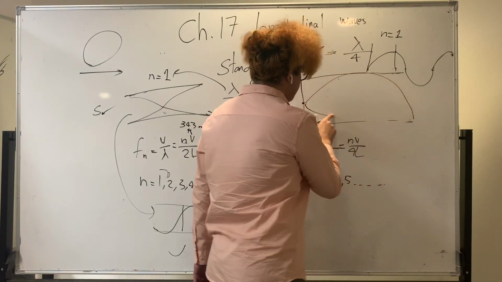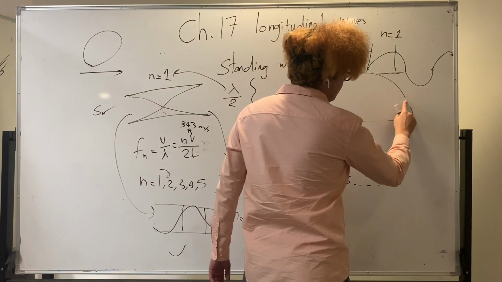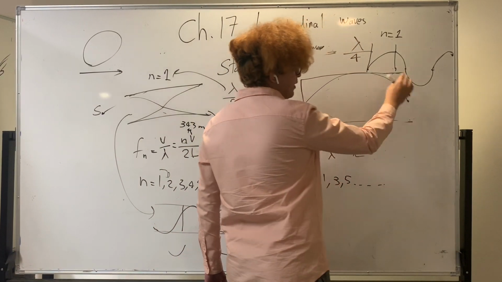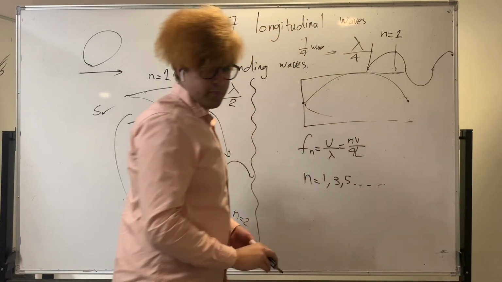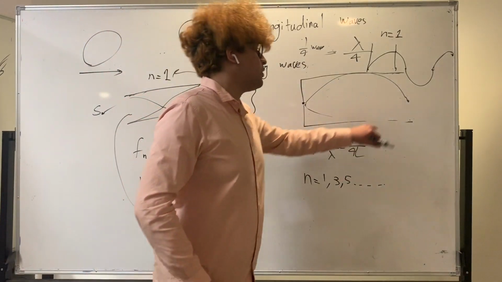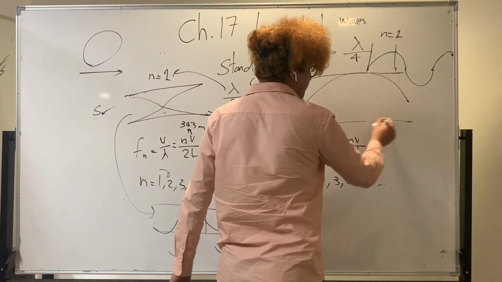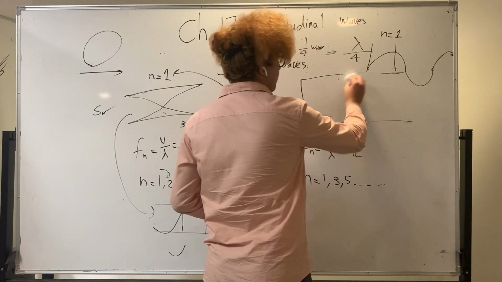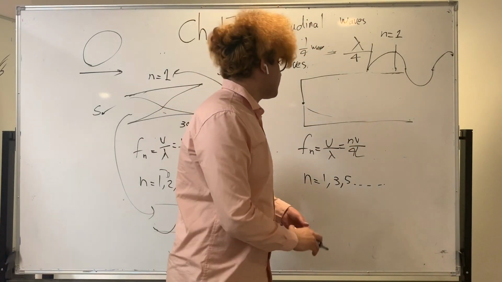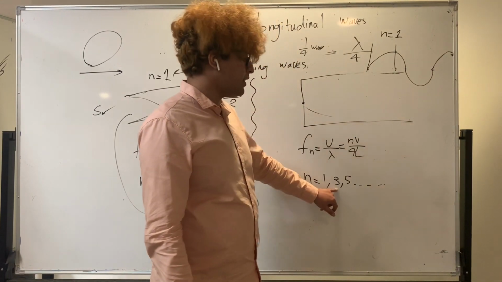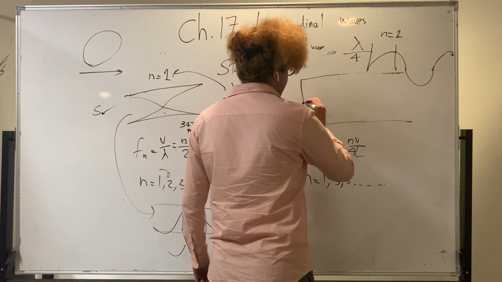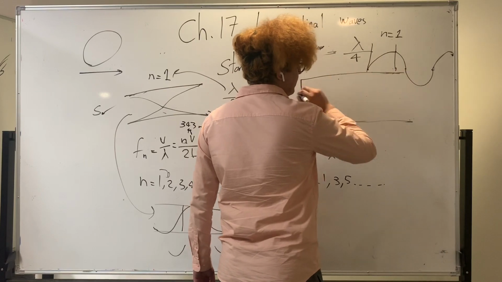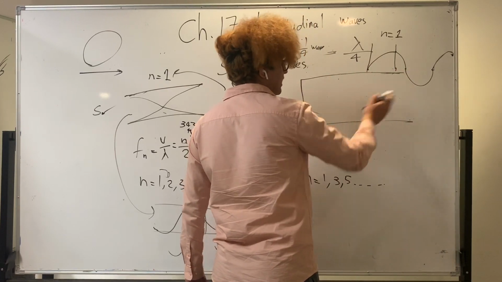And that's going to make the other open end have a node. And we already said that at an open end, we cannot have a node. So we need to add one more harmonic. So instead of saying that n is equal to 2, we say n equals 3. And if n is equal to 3, we can manage to have an antinode at this end.